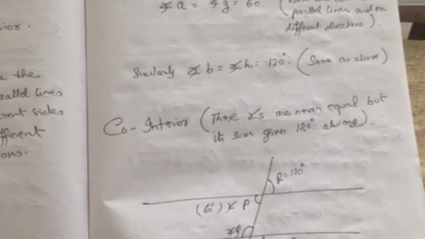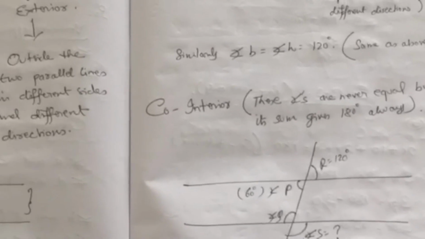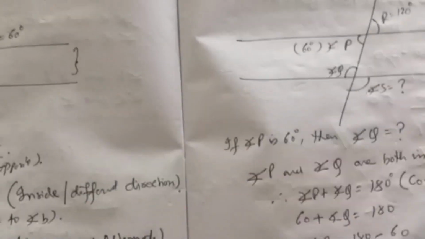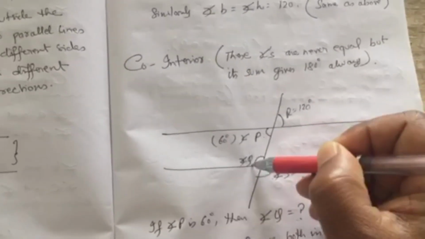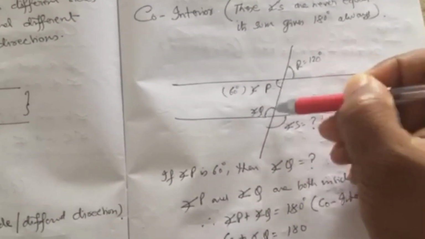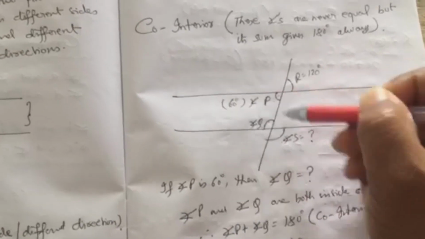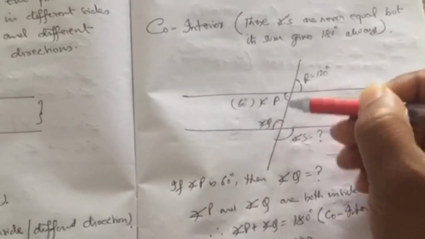Sorry, I said collinear, my mistake. So co-interiors are like these two angles, angle P and angle Q. If you see, they are inside but they are not alternate on either side. So neither are they equal angles.